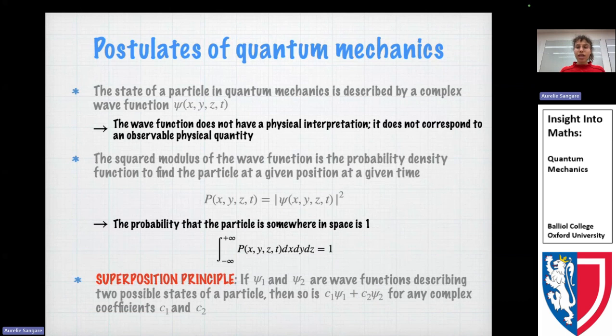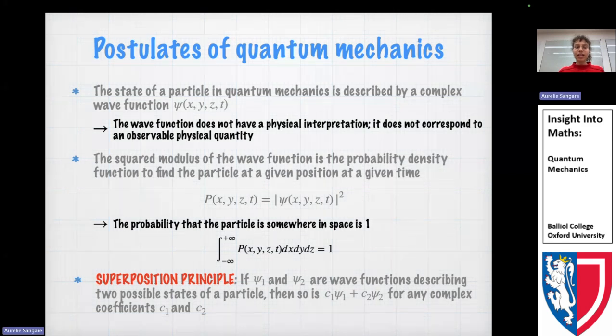So p is your probability density function, and when you evaluate it at x, y, z, and t, meaning that you consider p of x, y, z, t, then this is the probability of finding your particle at position x, y, z at time t.